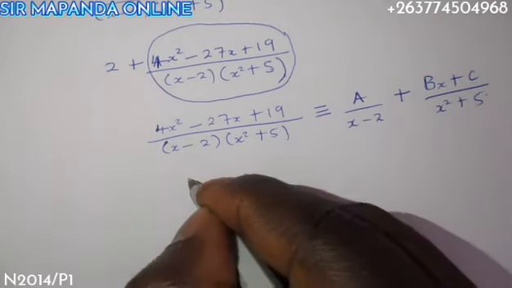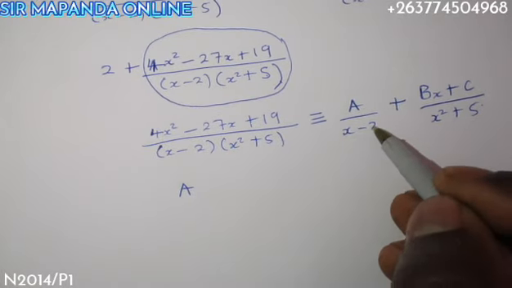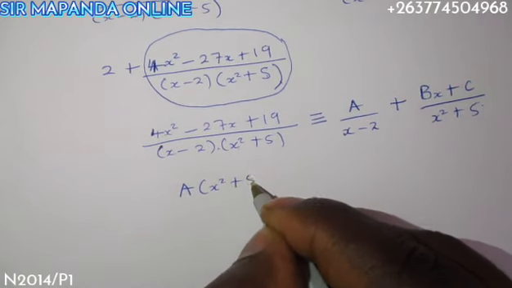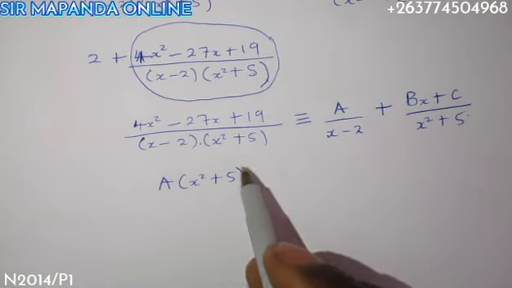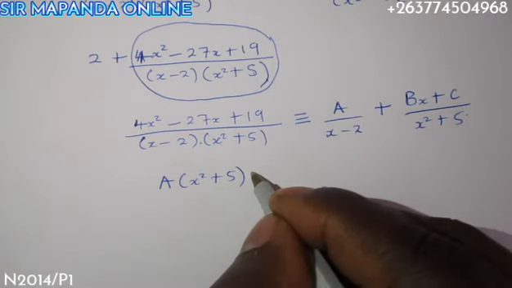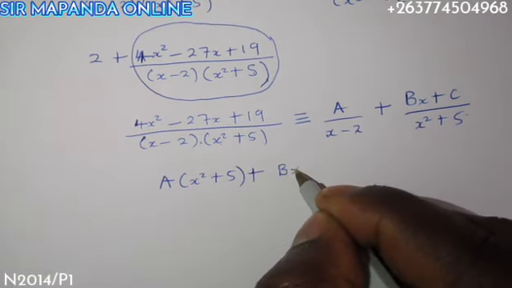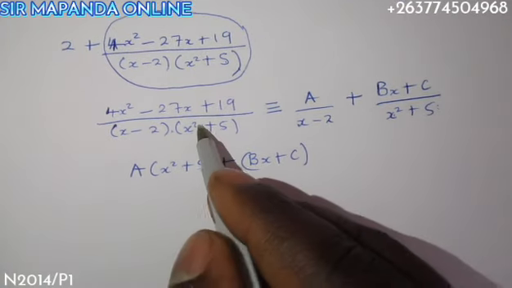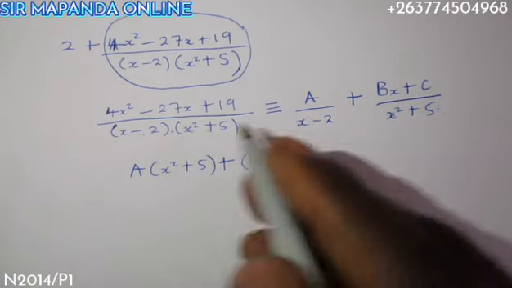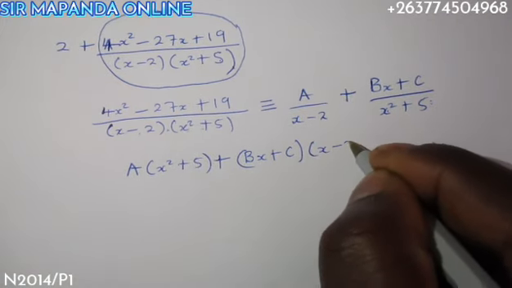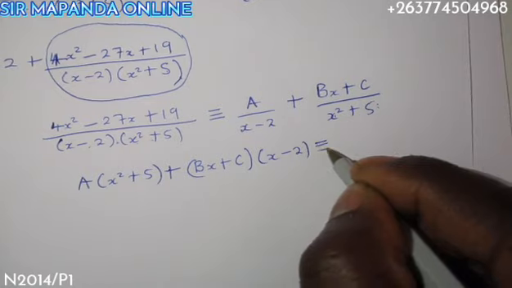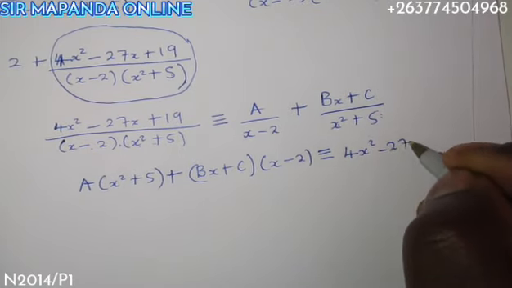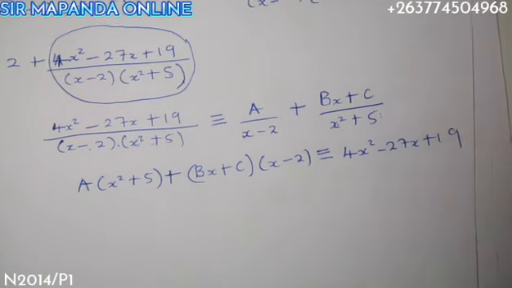Right, then x minus 2 into this LCM, you get x squared plus 5. So x squared plus 5 is the one attached to A. Then you write Bx plus C. You are saying x squared plus 5 into the LCM, you are going to be left with x minus 2. And this is identical to 4x squared minus 27x plus 19.